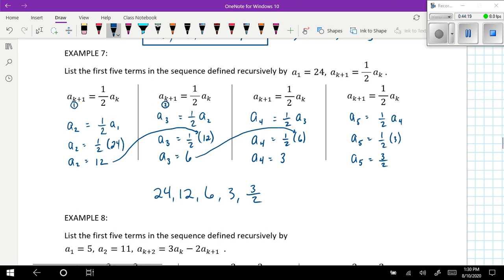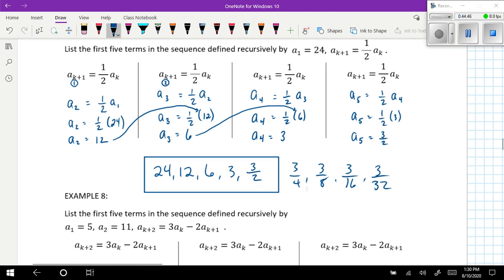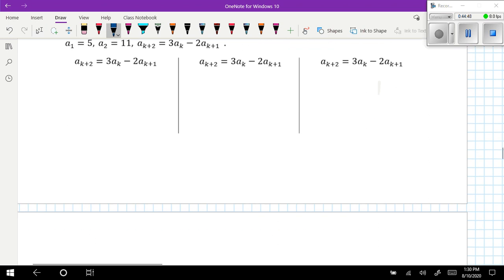And can you just guess what the next term would be without doing any work? I'm hoping you'd come up with 3/4, 3/8, 3/16, 3/32. And what's happening here? Simply, you take another half, you take another half, and as you continue to take halves, your denominators double. They multiply by 2. This should make sense.